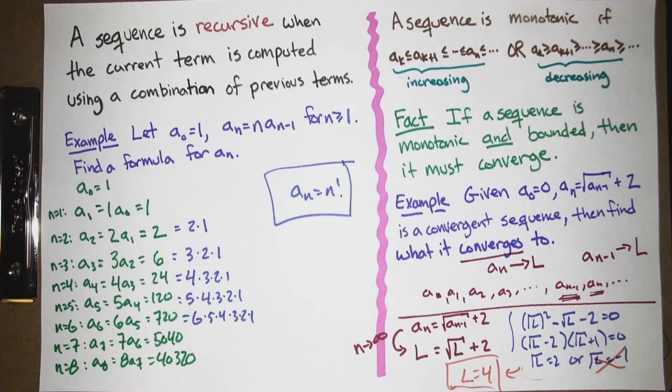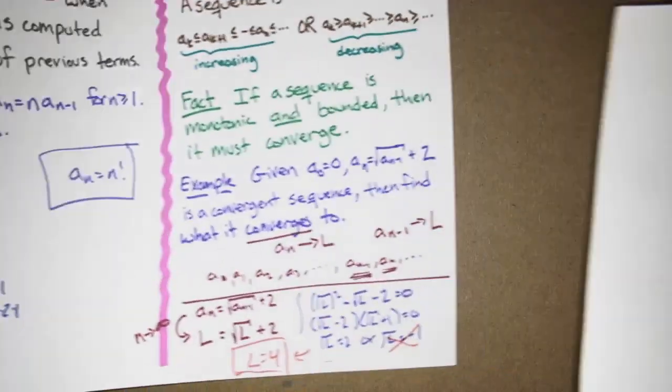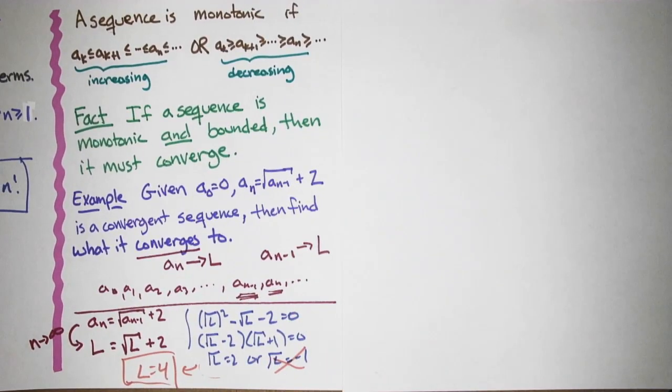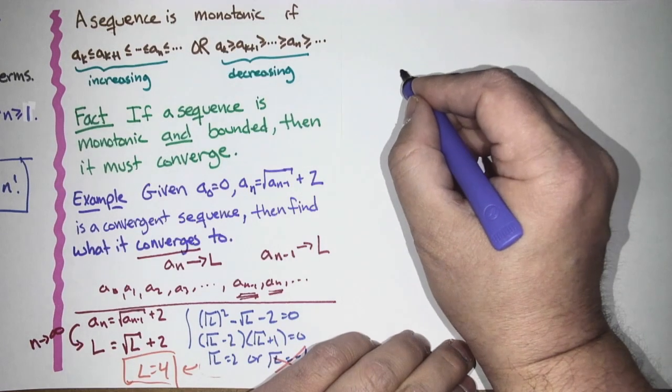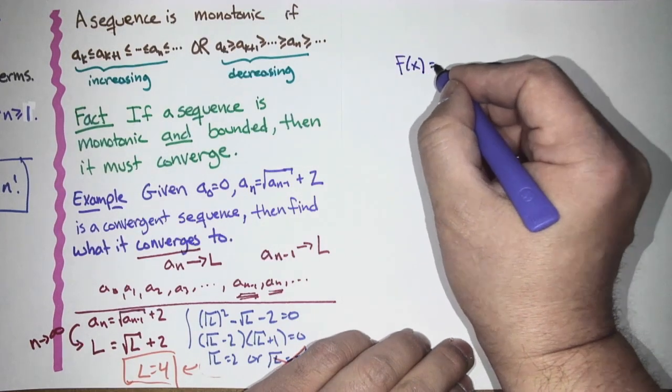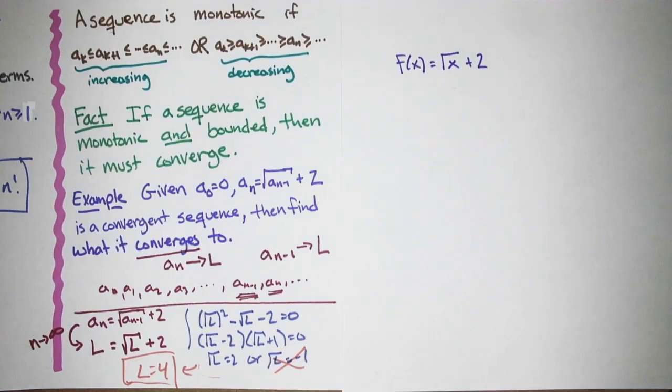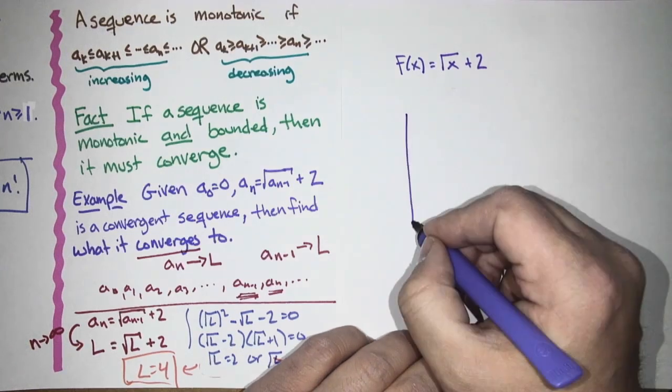Now, we'll do it pictorially. Same sequence. So I want to think about the following function. f of x equals the square root of x plus 2. And if you were to graph that, that's not the craziest function to graph.